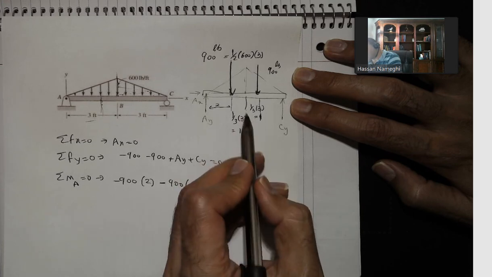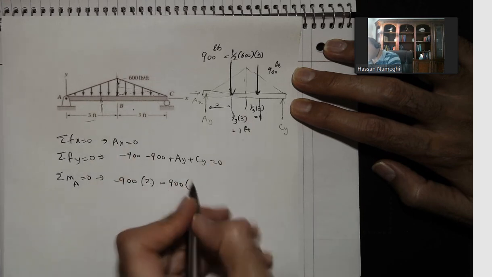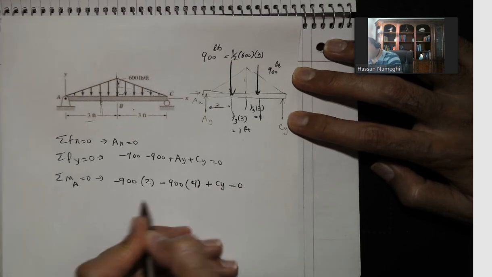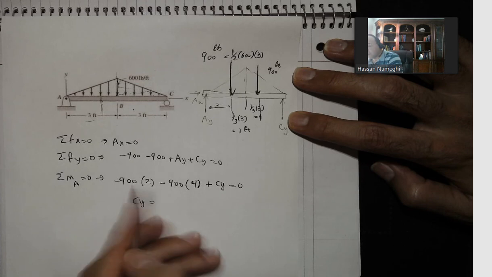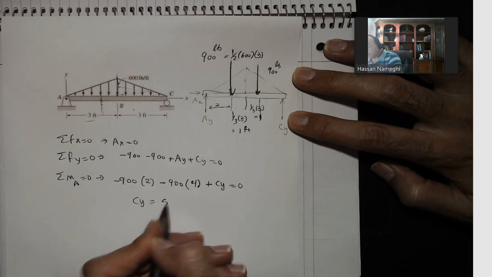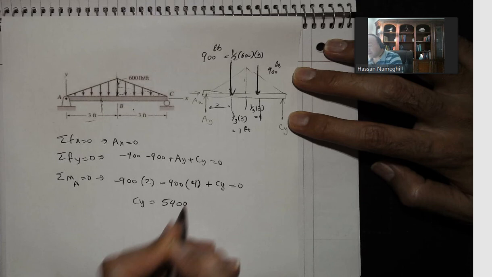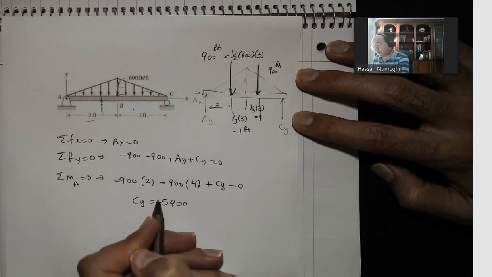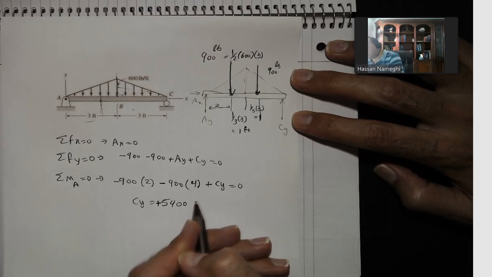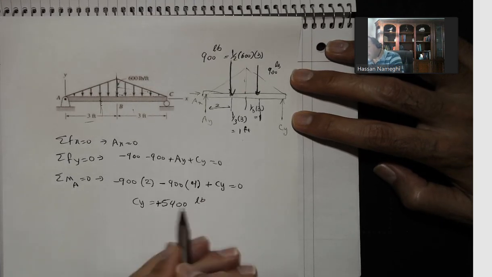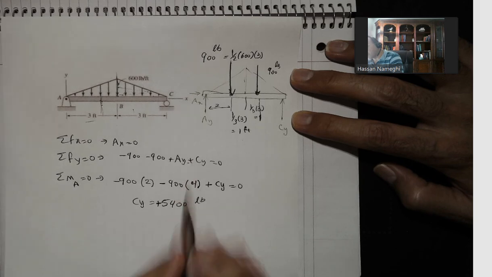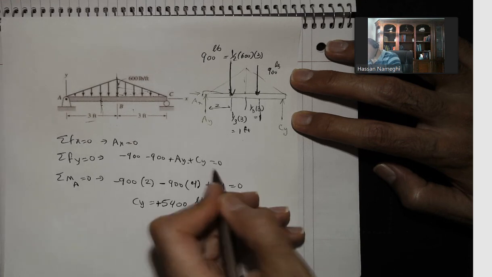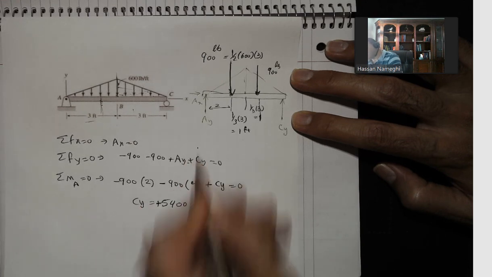The distance for that one is a 3 here and a 1 there, so it becomes 4, plus CY equals 0. From here, CY is equal to 5400. Now once you have CY, you can go back and find AY. So in this case I have CY plus AY, bring the 5400 here.